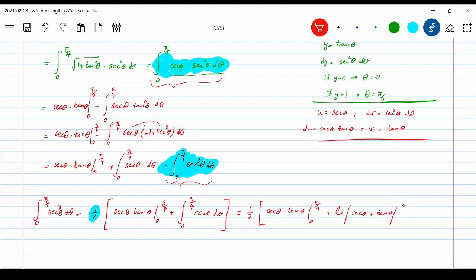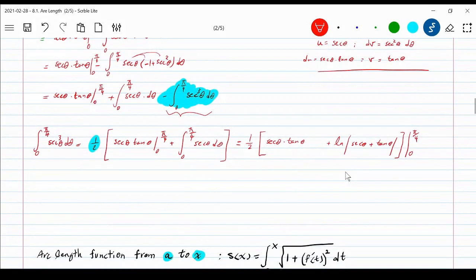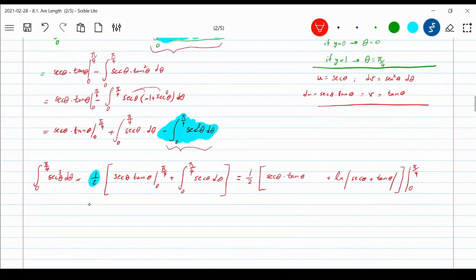Evaluated from 0 to pi over 4. Let me evaluate everything at the end, from 0 to pi over 4. Okay, so finally this becomes 1/2. If you replace pi over 4, secant of pi over 4 would be 1 divided by cosine of pi over 4.